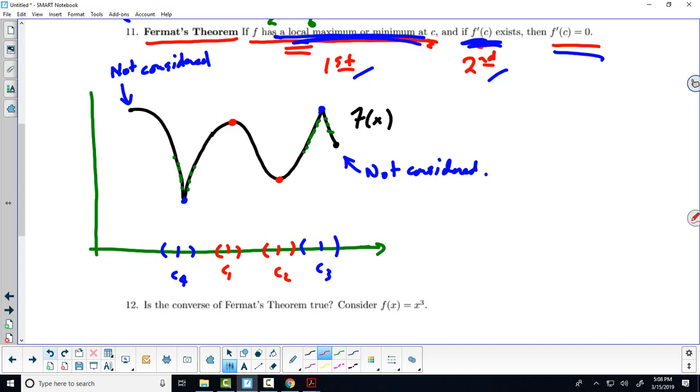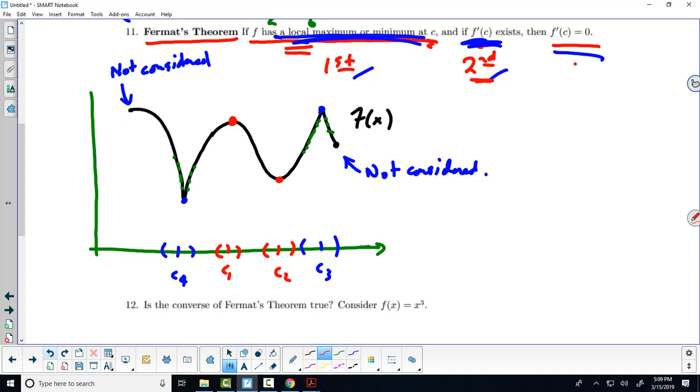So let's look at what I've called C1. At C1, we do indeed have a local, in this case, maximum. And does the derivative exist at C1? Yes. Notice this function is nice and smooth around C1, so we can take the appropriate limit that we need to calculate the derivative. So f prime of c does exist.